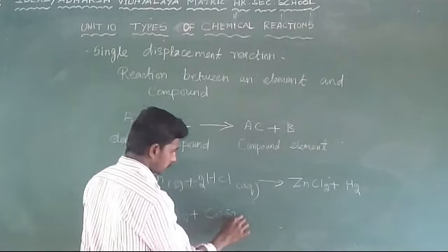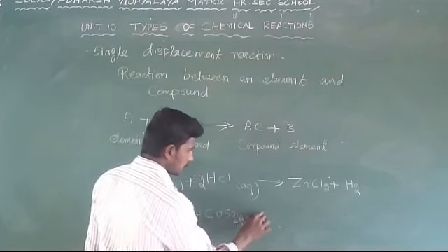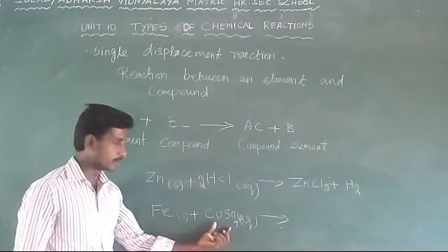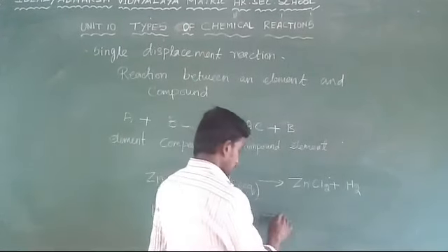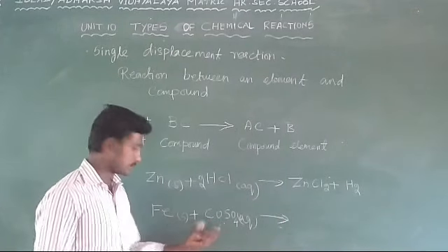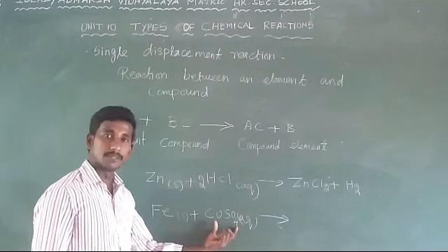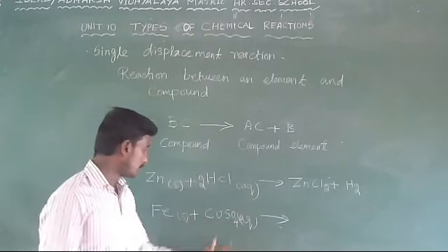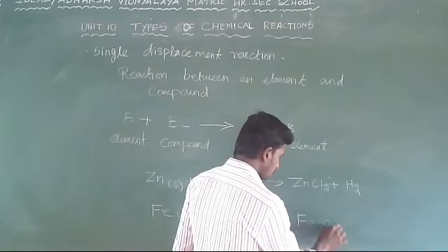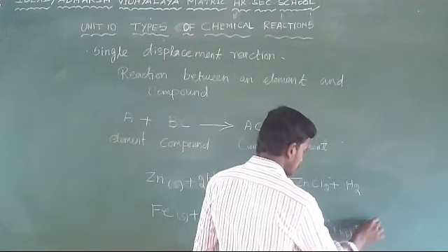When iron is kept in copper sulfate solution, the iron displaces copper from copper sulfate solution to form iron sulfate plus copper.